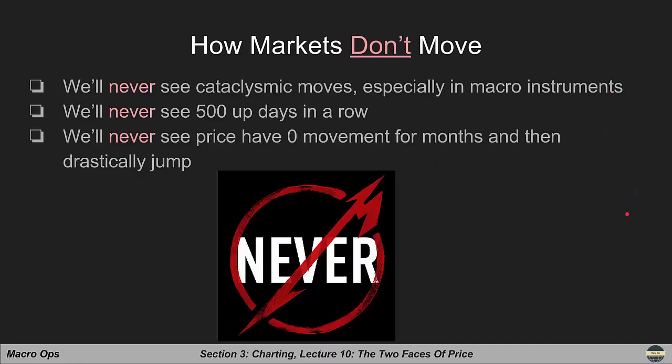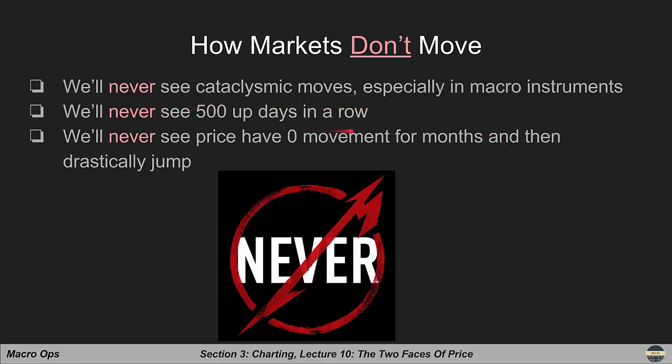So to start off, when we're going to define how price moves, we're going to start by asking the question, how do markets never move? There's a couple examples I've listed here. We don't see any cataclysmic moves, especially in macro instruments, where, say, the S&P 500 goes from 2,000 to 0 in a day.